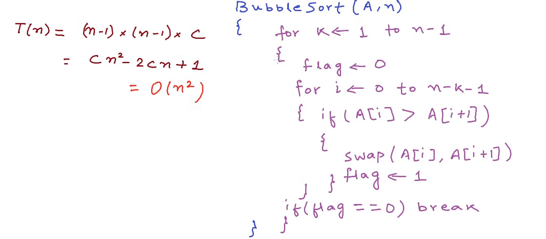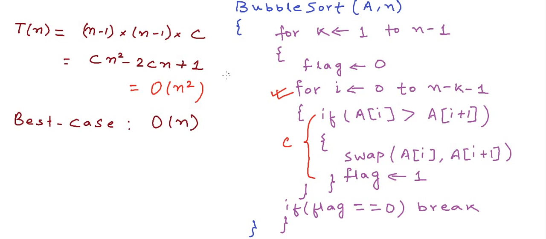Now with this modification, if we input an already sorted array to the function bubble sort, then this particular loop will execute only once to figure out that it's already sorted. So the time taken, if we were considering this as taking some constant time c in the worst case, will be c into n minus 1 only. So this will be the best case for our algorithm. Our algorithm will be big O of n in the best case.